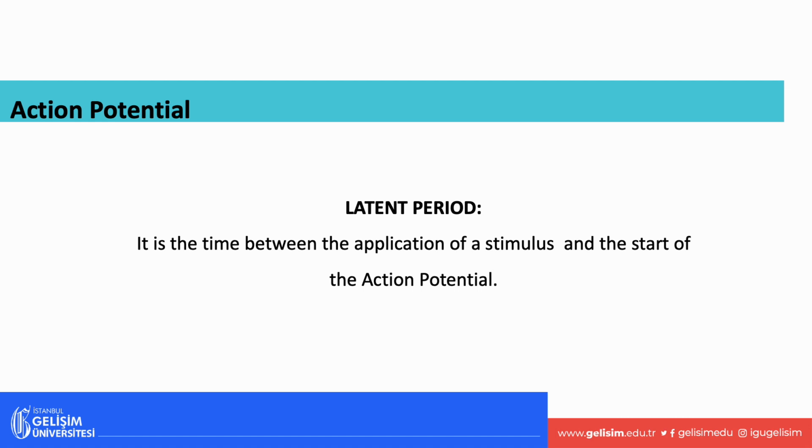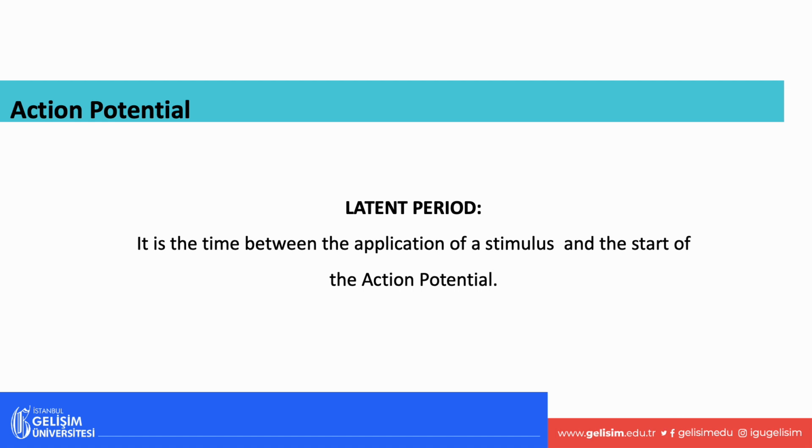So the latent period is important because it reflects the time that's required for the action potential to propagate along the nerve cell's membrane and reach the axon terminal. It's a very important concept. This shows us how long it takes for that action potential to move along the cell membrane of that nerve cell and reach the axon terminal.